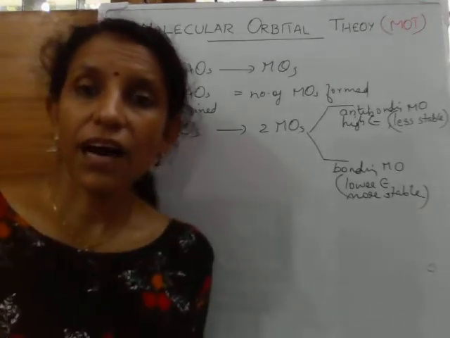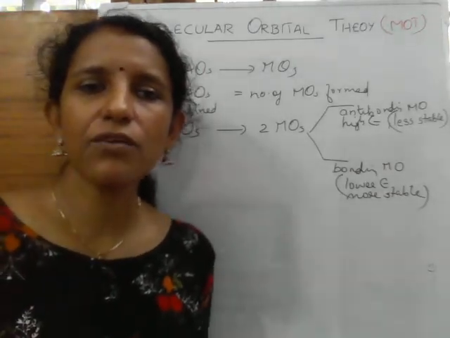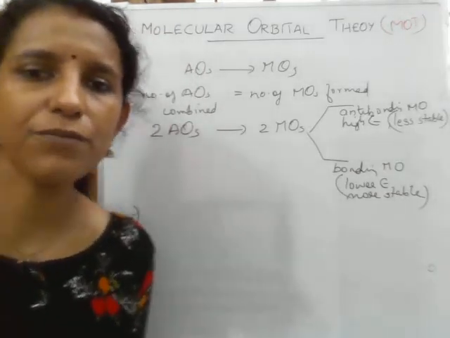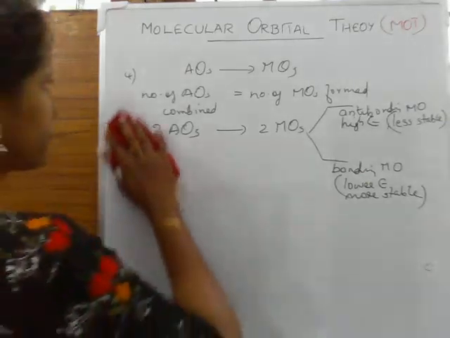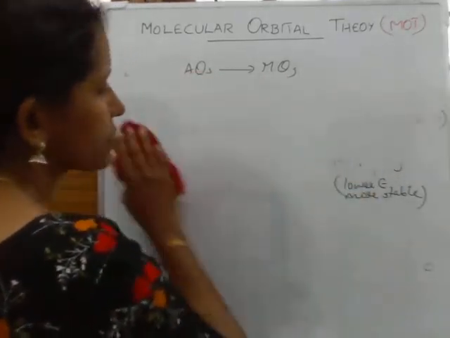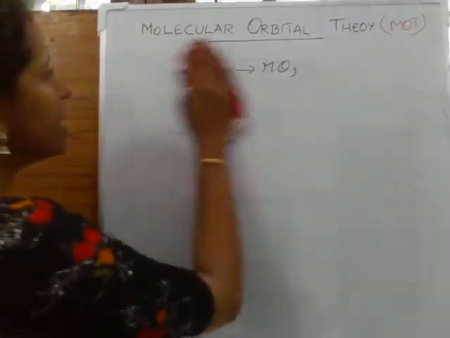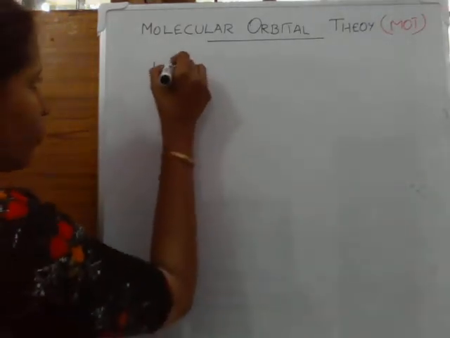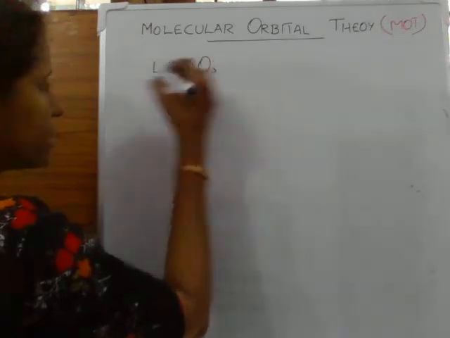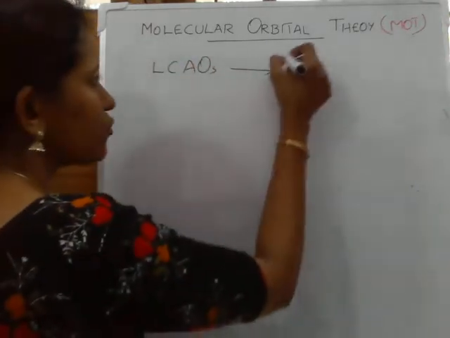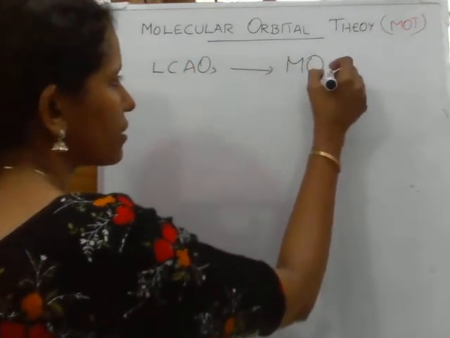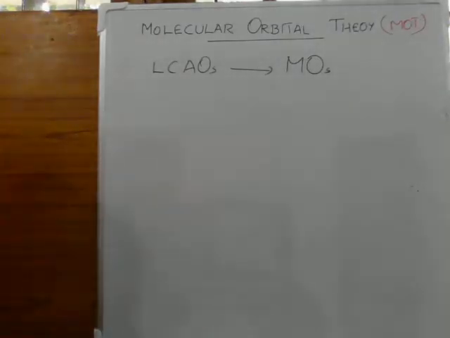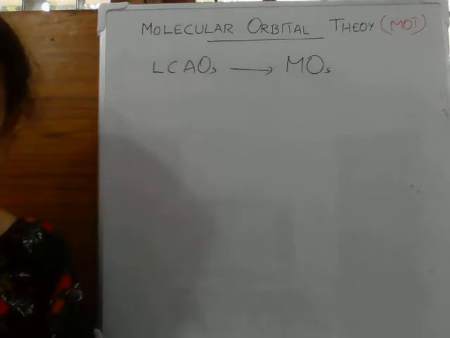Now let us discuss how these molecular orbitals are formed by the combination of atomic orbitals. The linear combination of atomic orbitals results in the formation of molecular orbitals. Let us explain what this linear combination of atomic orbitals is.